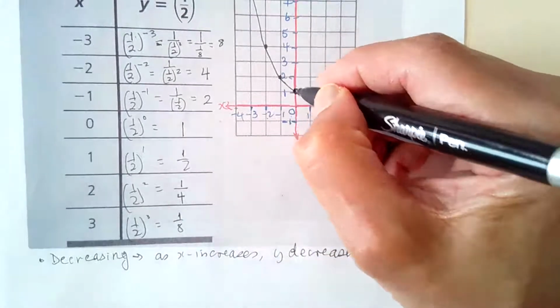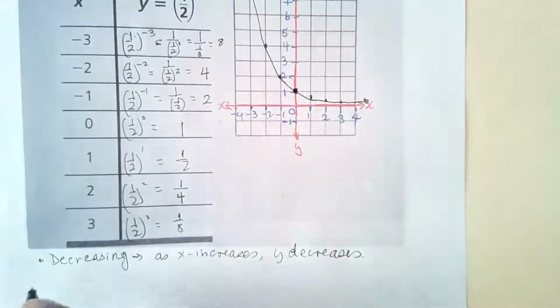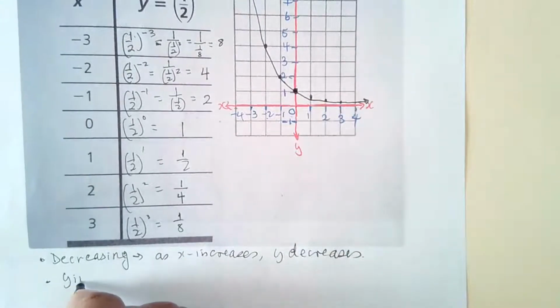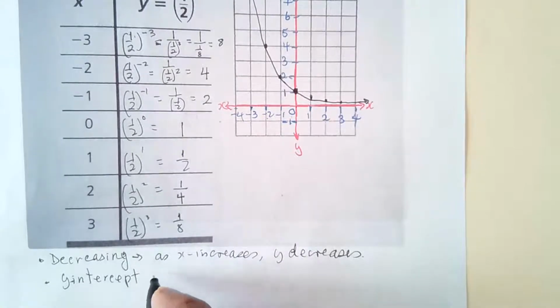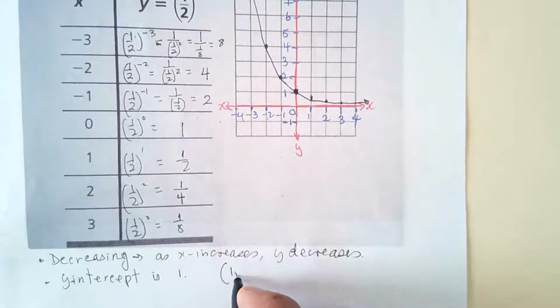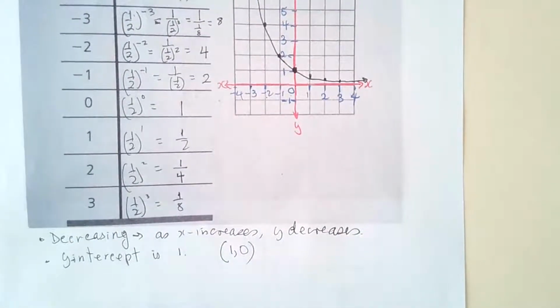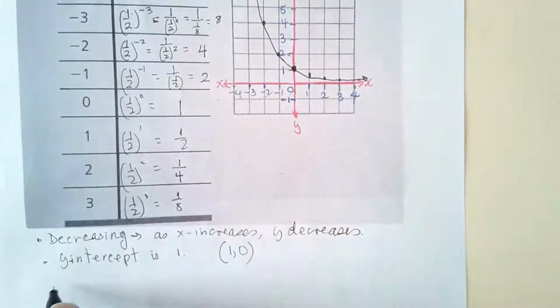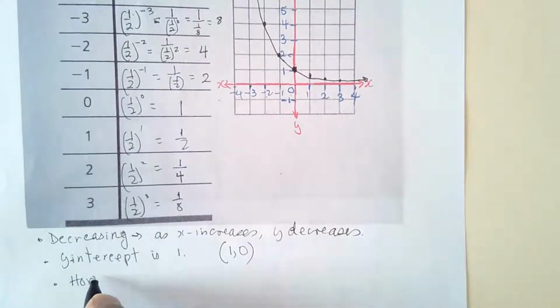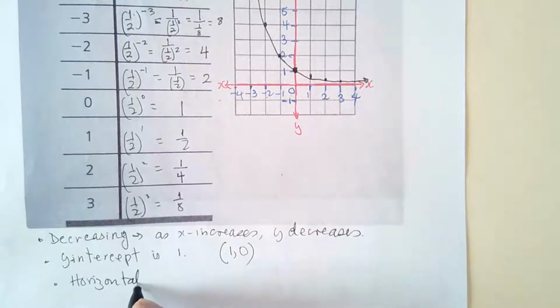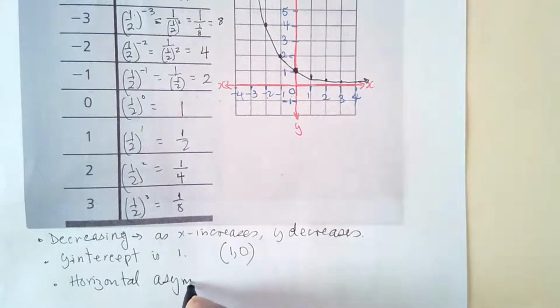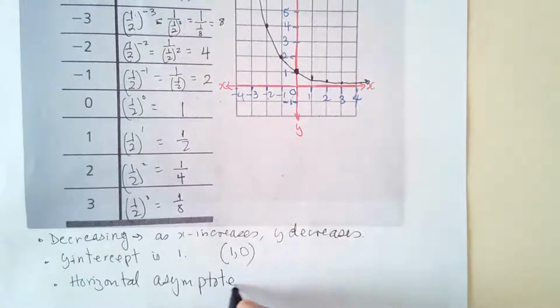Notice the y-intercept is at 1. So the point is (0, 1). It never touches the x-axis, so we see the horizontal asymptote y equals 0.